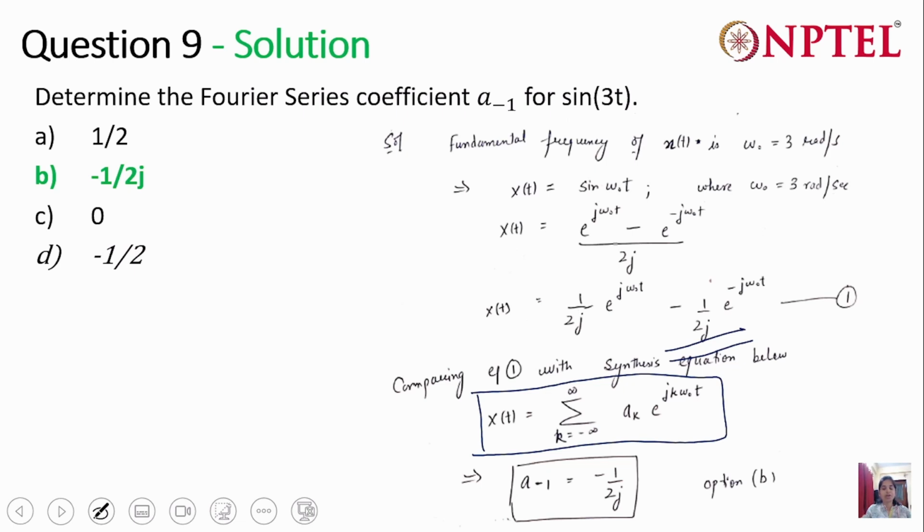In other words, if we are able to split it in terms of exponentials, then you can directly solve. So we wrote it in terms of exponentials, then compared with x of t equal to the summation of ak e power jk omega naught t, and we got a minus 1 as minus 1 by 2j.